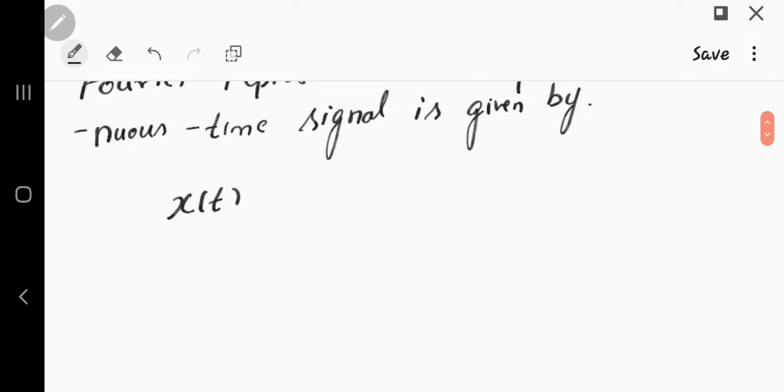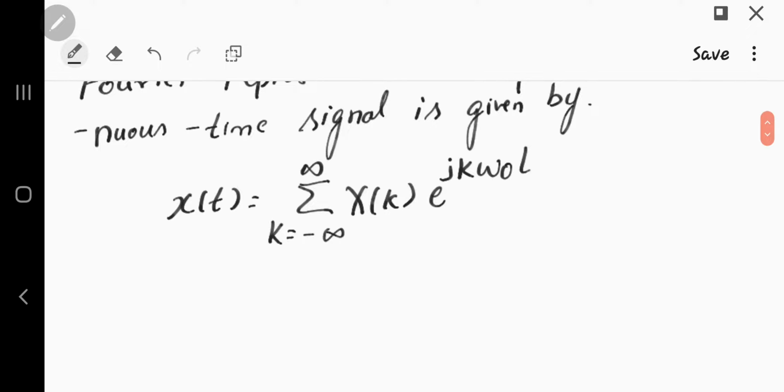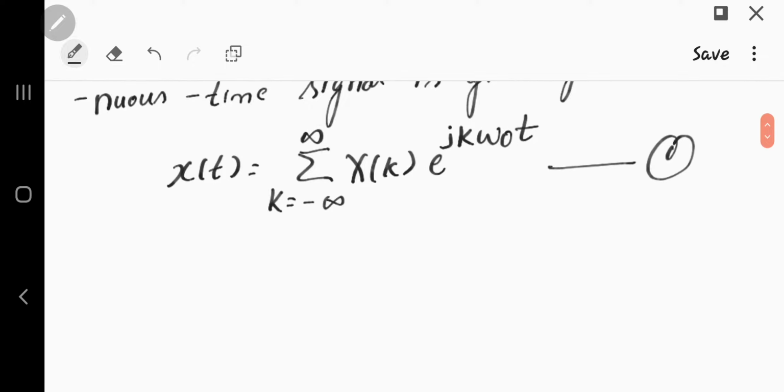The first one is x of t is equal to summation k varying from minus infinity to plus infinity x of k e power j k omega naught t. You can call this equation 1.